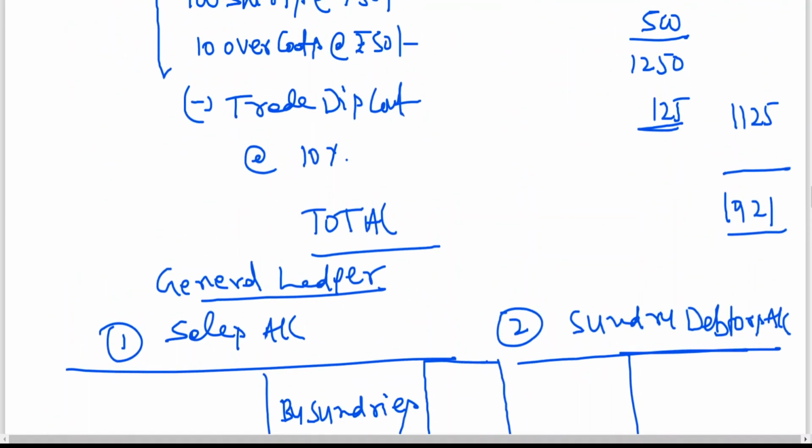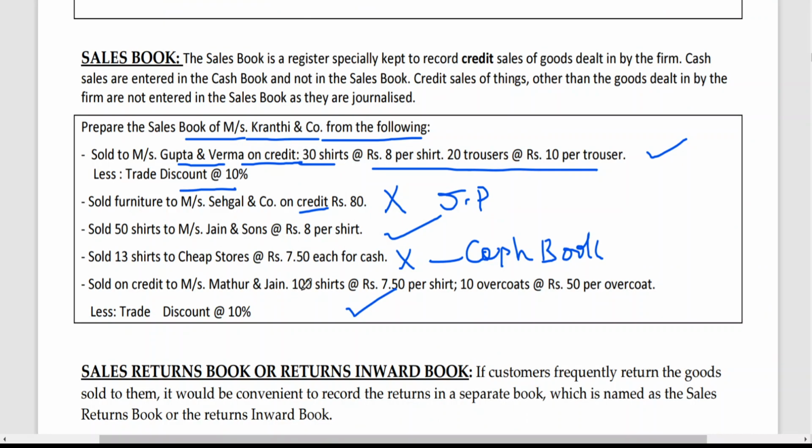Cash sales can be taken to sales account. Here we are having 13 shirts to Cheap Stores at 7 rupees 50 each for cash. What is the entry?